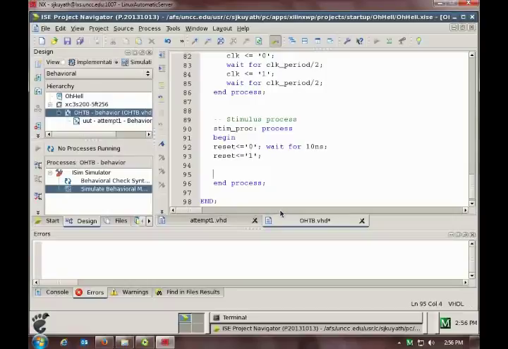Let's see, wait for, what did it have before? Wait for 1,000 nanoseconds. Okay, I'm about to start putting in my R's and S's to see if it takes me to the right states and back.